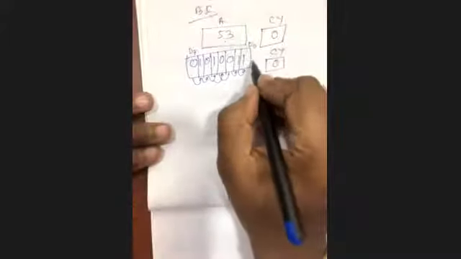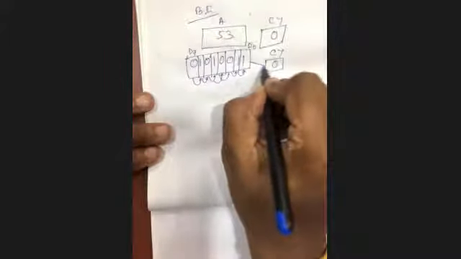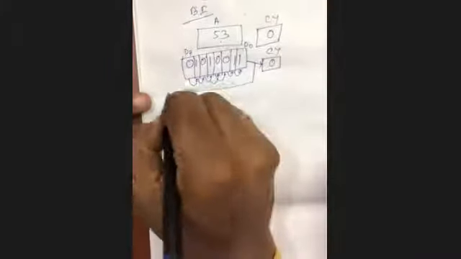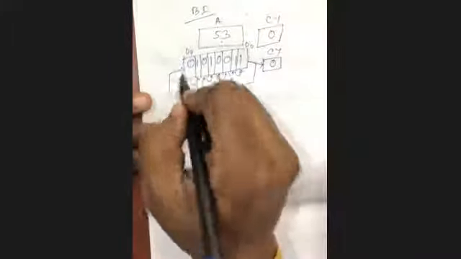Remember, the content of the D0 bit is copied into the carry flag as well as into the D7 bit.